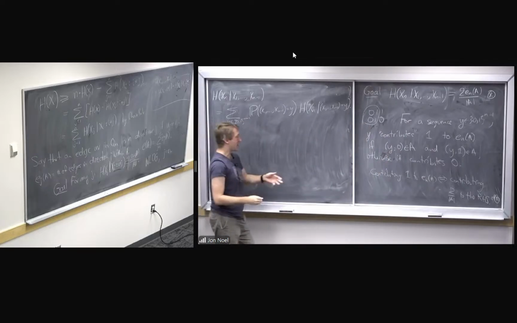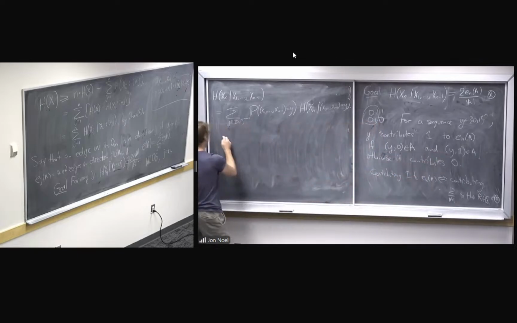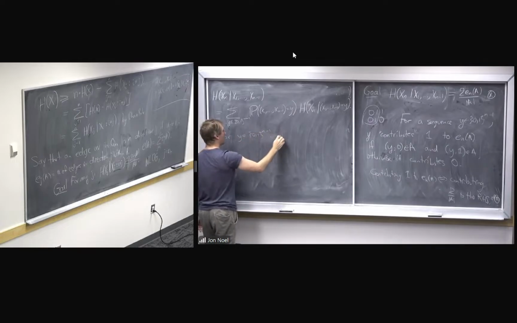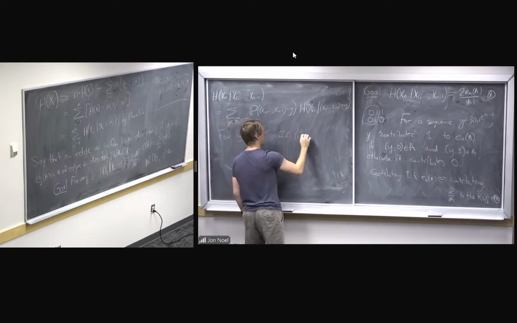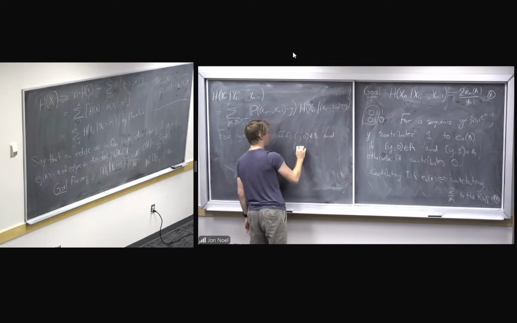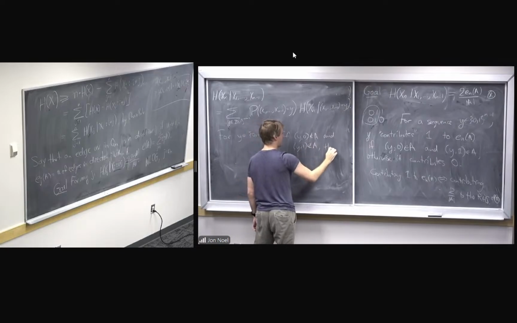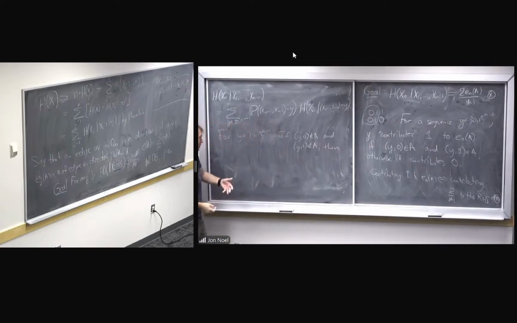So for some y in {0,1}^(n-1), if y0 is not in A and y1 is not in A, then the contribution is 0 because there's no chance that x1 up to xn minus 1 could be y.